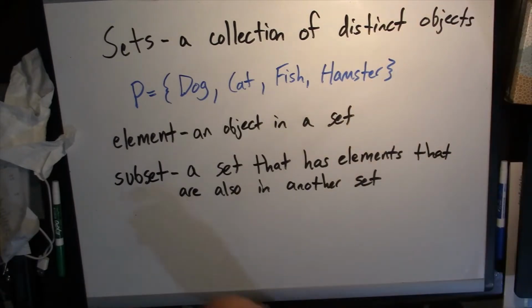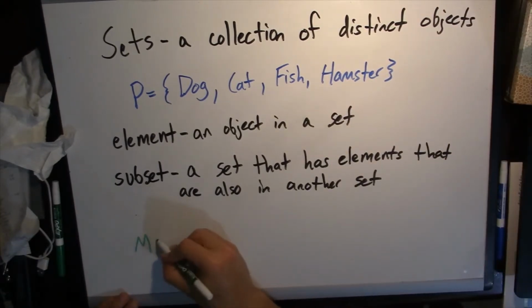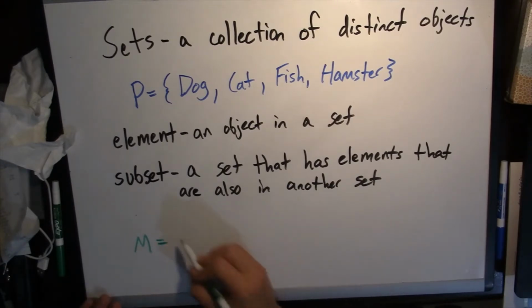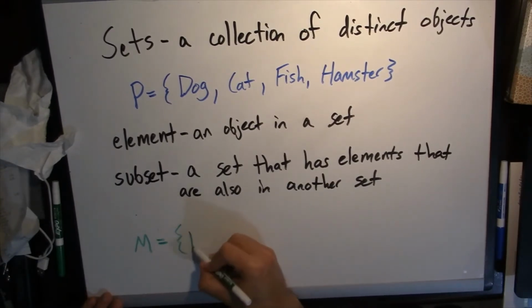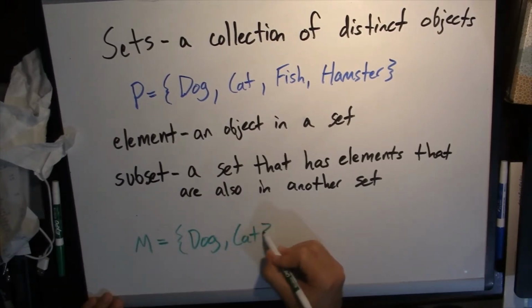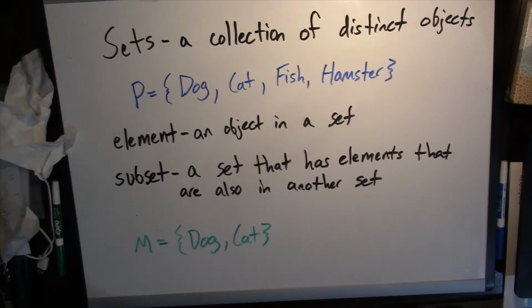So for example, let's call this M. I'm calling my set M. Again, I could have called this whatever I wanted. I'm just using M. And I'm going to say this is the set containing the elements dog and cat. And that's it. So this only has two elements. It has dog and cat.